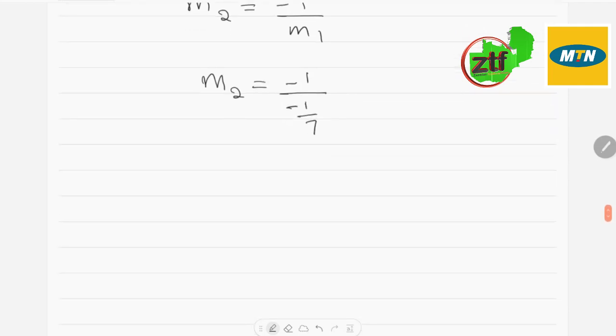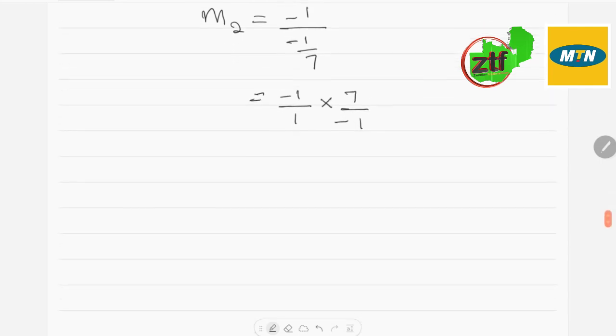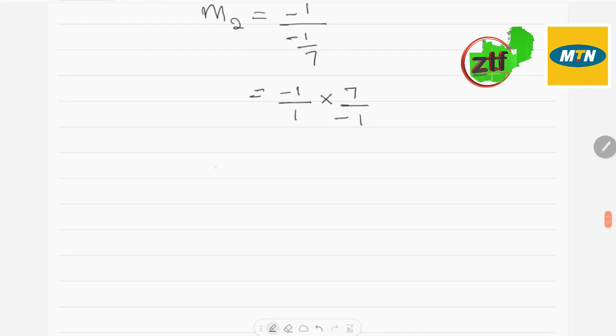So this can be written as negative 1 over positive 1, then times 7 over negative 1. And so multiplying that, we'll get negative 7 over negative 1, which is the value of m2, and therefore this will give us positive 7.